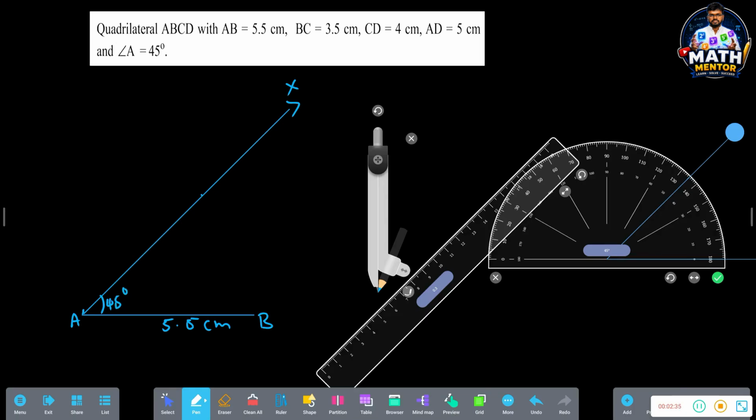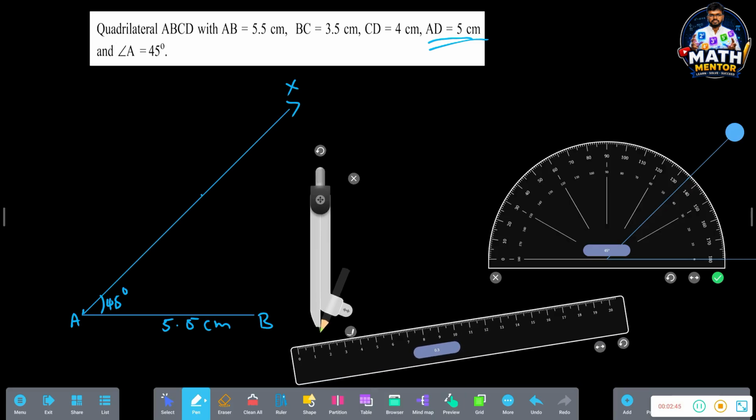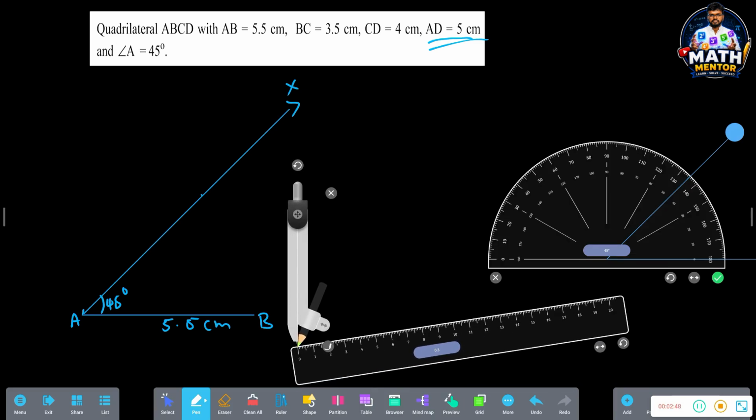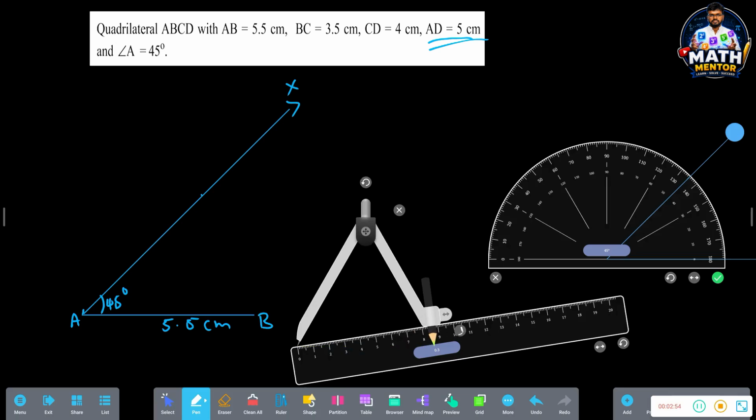Next we have AD as 5 centimeters. I am doubling it, so I will take 10. I am taking the compass measurement as 10.